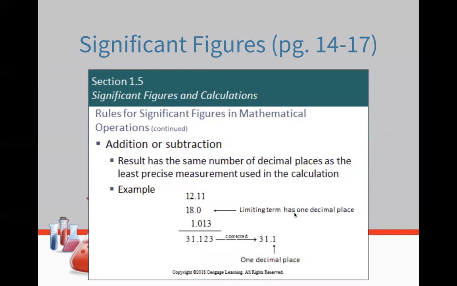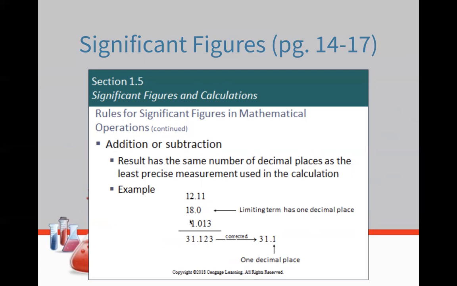Next, we have addition or subtraction. Again, these work the same way. What we're looking for is the least number of decimal places. We're adding 12.11, 18.0, and 1.013. Adding all of them up, we get 31.123. Is that the correct number of significant figures?